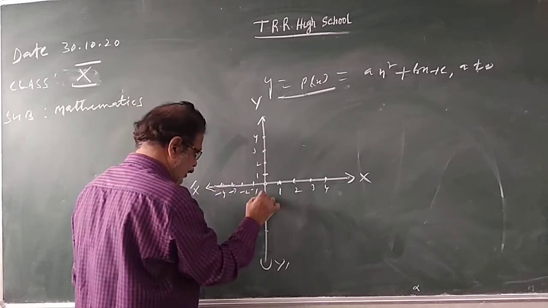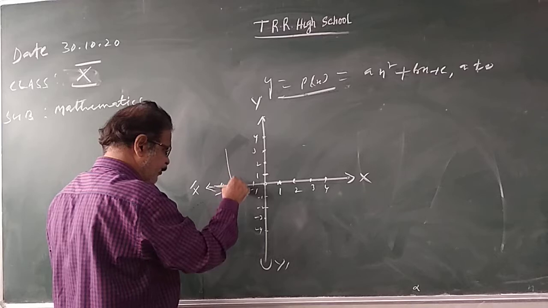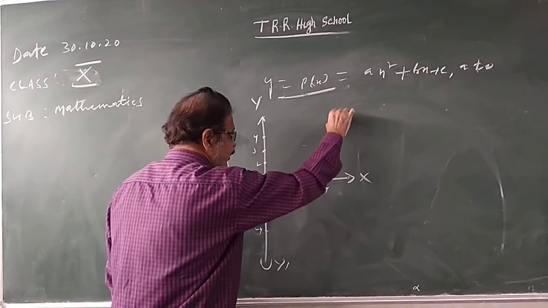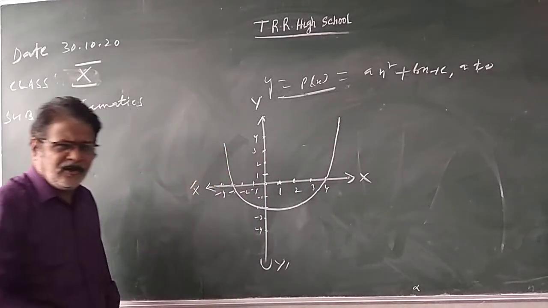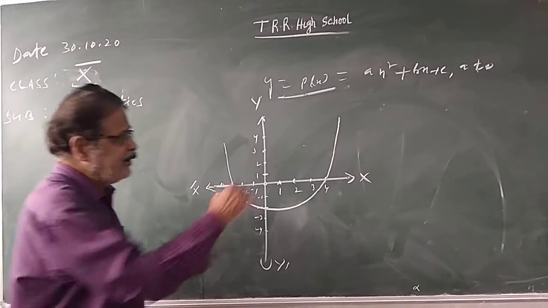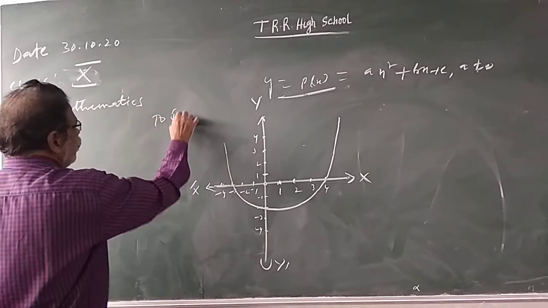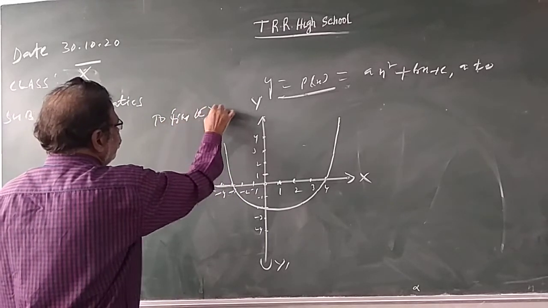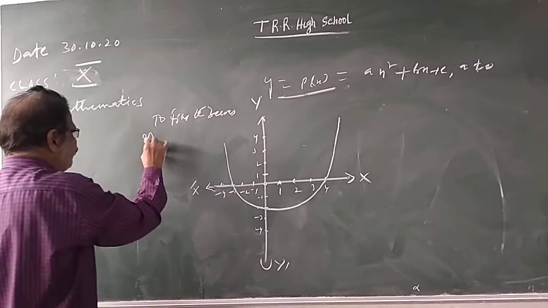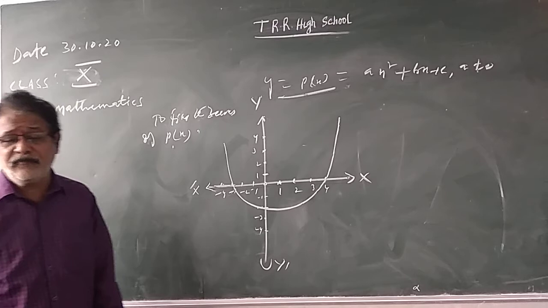So this is a given graph. This curve is intersecting the x-axis. Find the zeros of this graph. How to find the zeros of the polynomial?